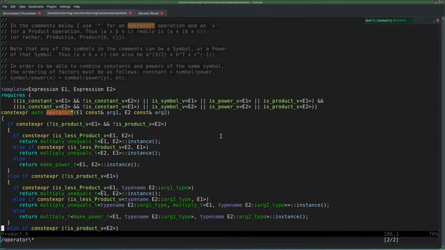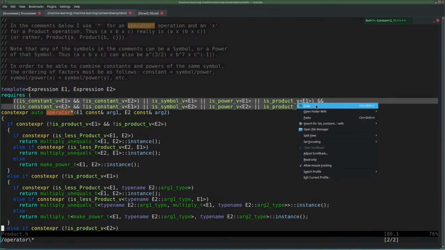Or can I not just copy this and then use it? Copy this. Okay, that's an idea.